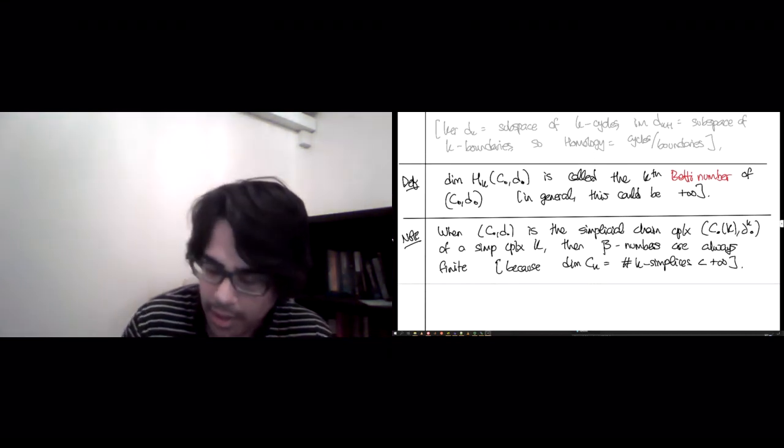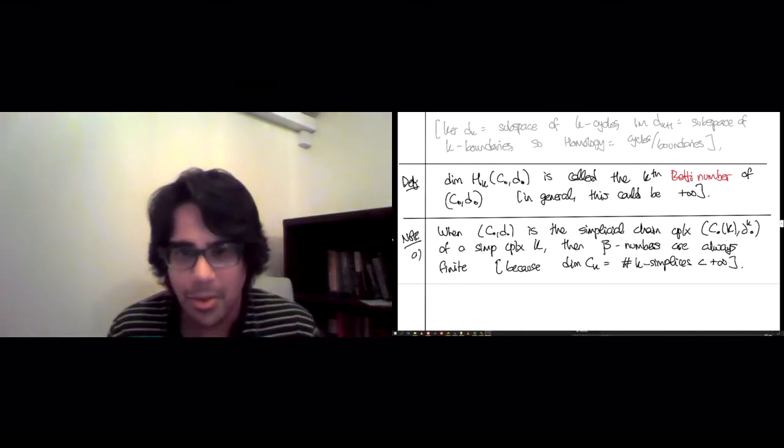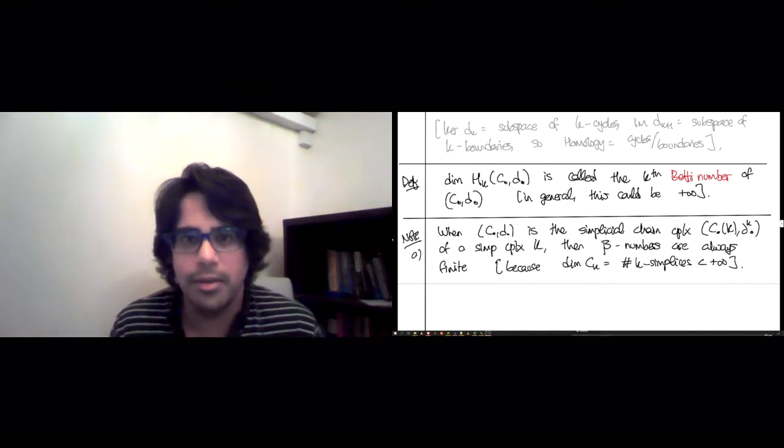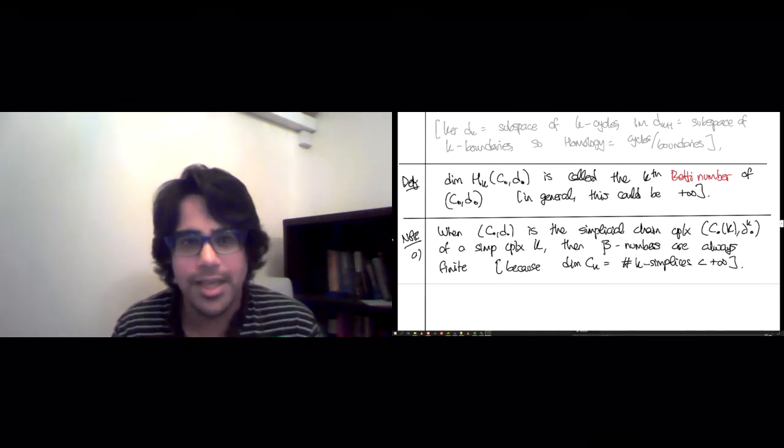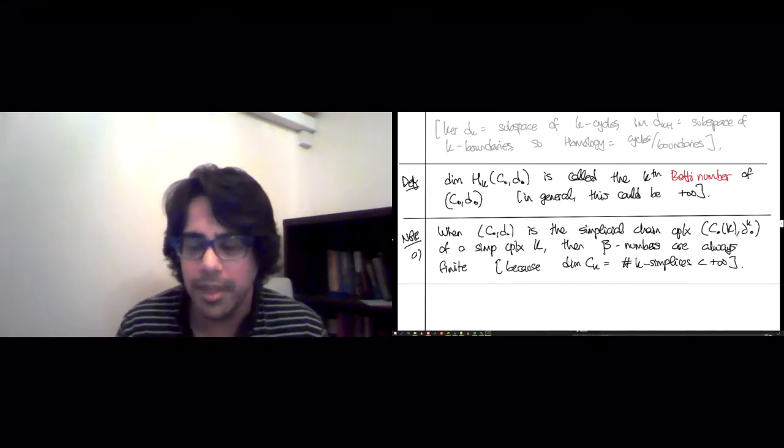The other thing to note is that when you have a simplicial chain complex, this whole notation becomes really, really cumbersome: H of C of K, D of K, or something like that.